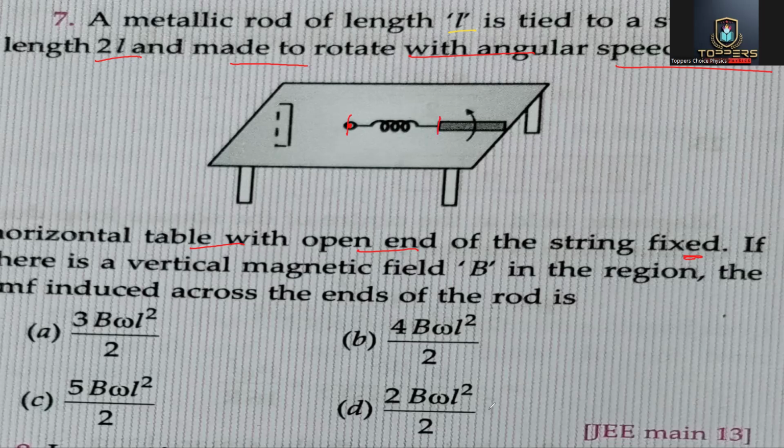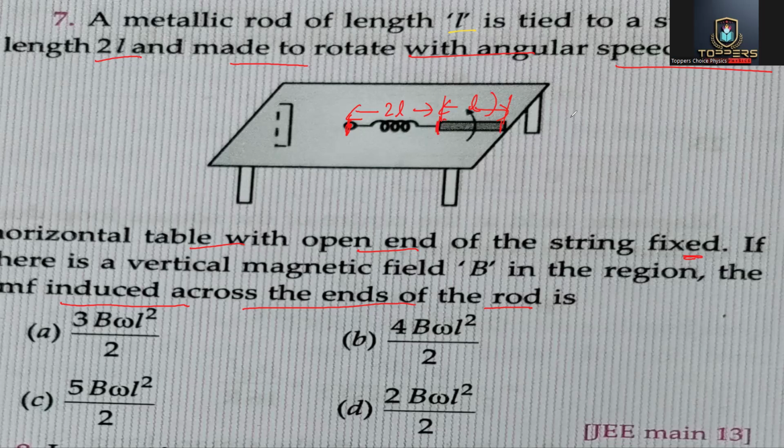They have given its length as 2L. String length is 2L and rod length is L. They are going to ask about the EMF developed across the rod, the induced EMF across the ends of the rod, from this point to this point.